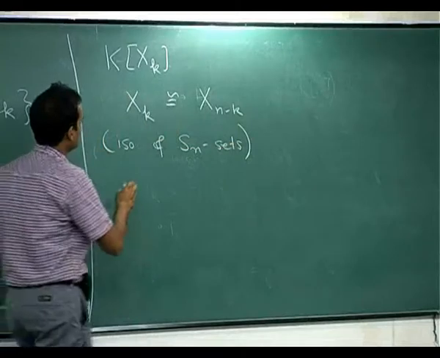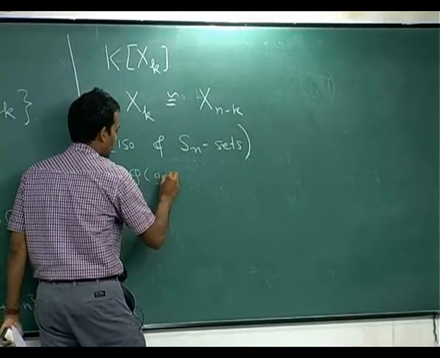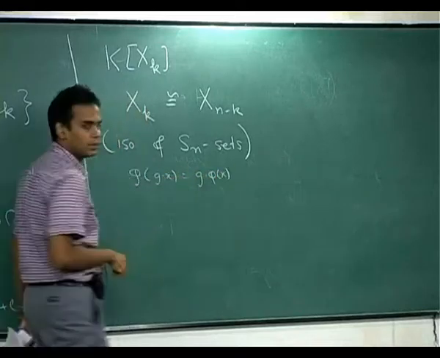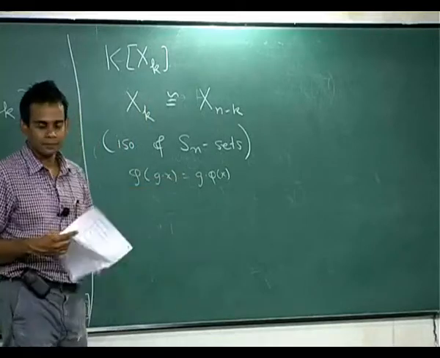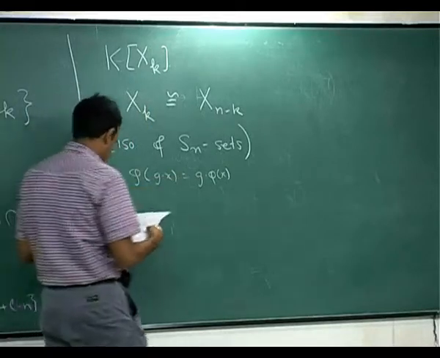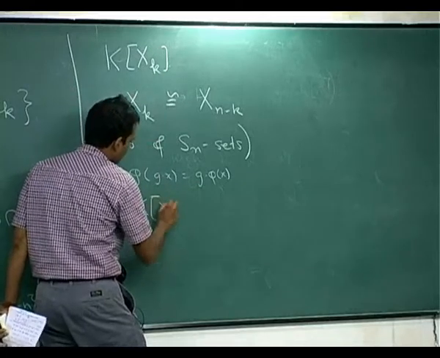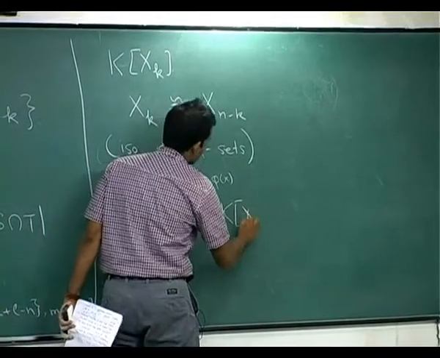So by this I mean that there's a bijection phi such that phi(g dot x) is equal to g dot phi(x). That's what I mean by bijection of G-sets. This is the condition. This means that kX_k is isomorphic to kX_{n minus k}.